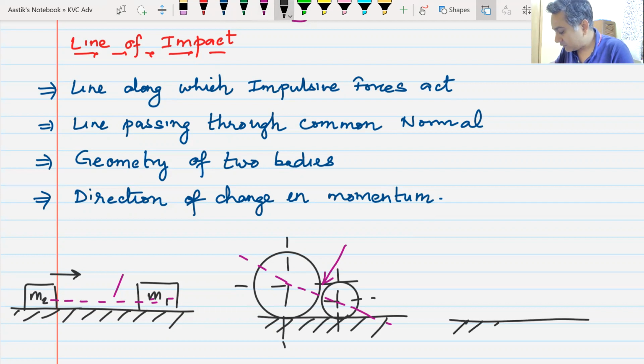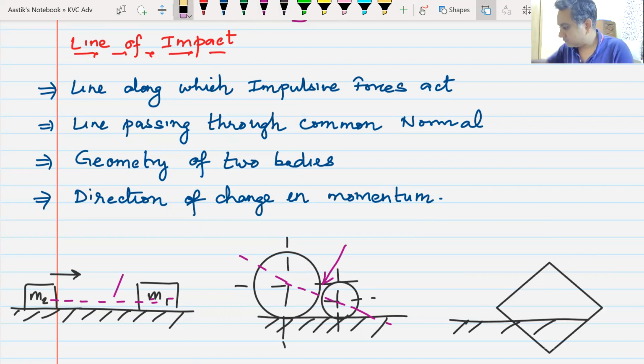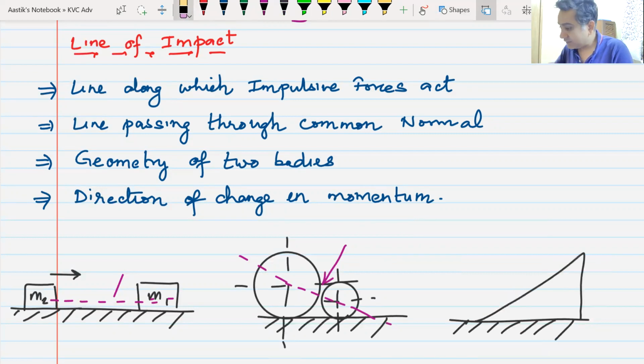Third example. If there is a wedge and a ball is falling on this wedge, moving with a velocity v, what will be the line of impact?